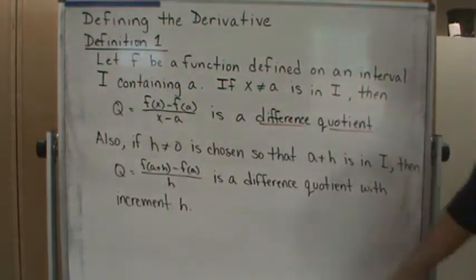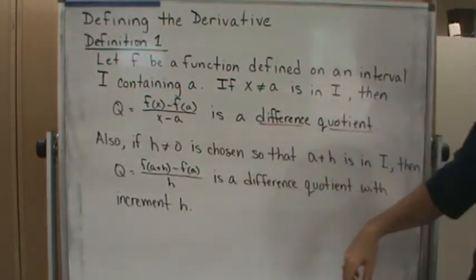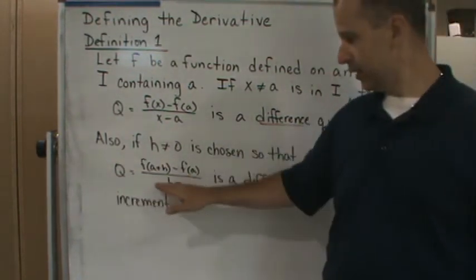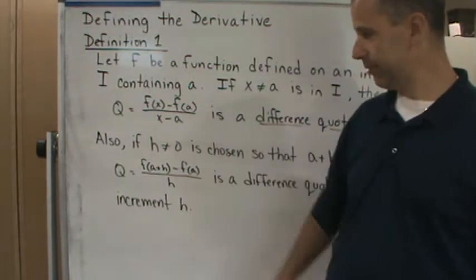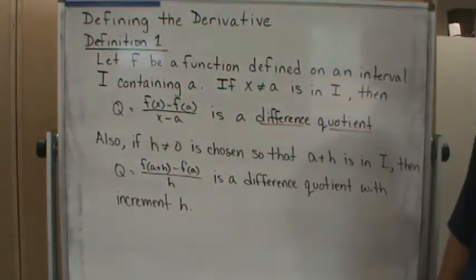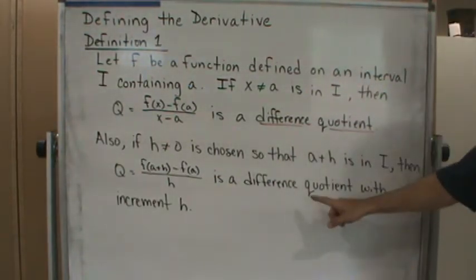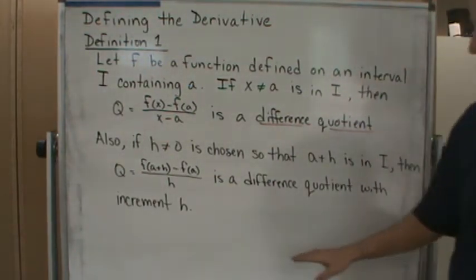Also, if h is not equal to 0 is chosen so that a plus h is in the interval I, then this quotient, f of a plus h minus f of a divided by h, is a difference quotient with increment h.